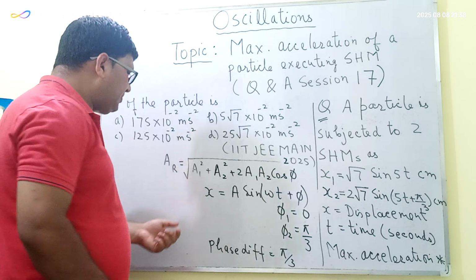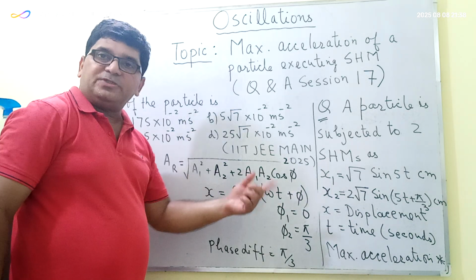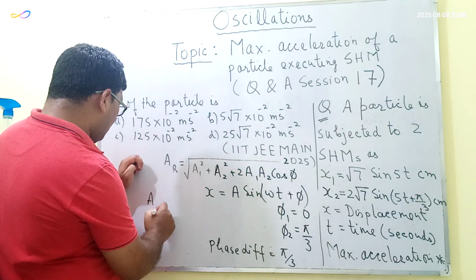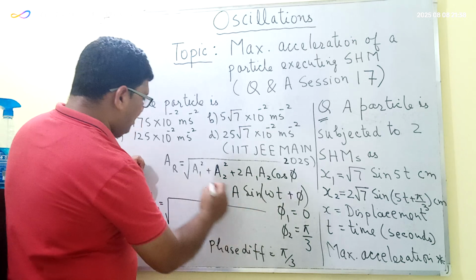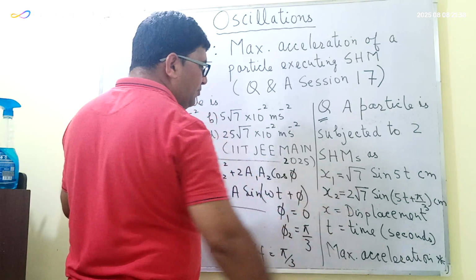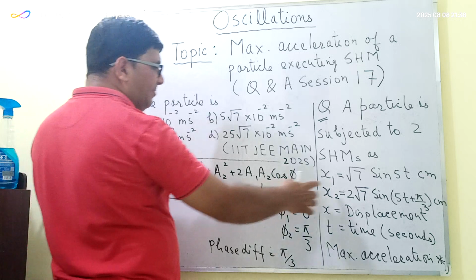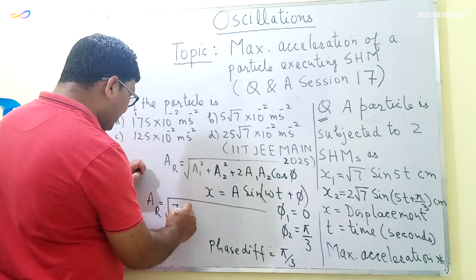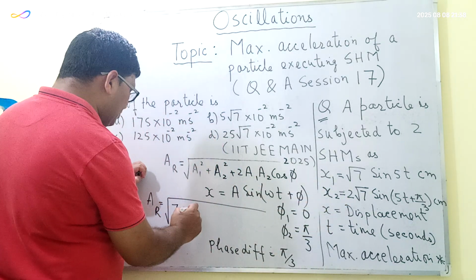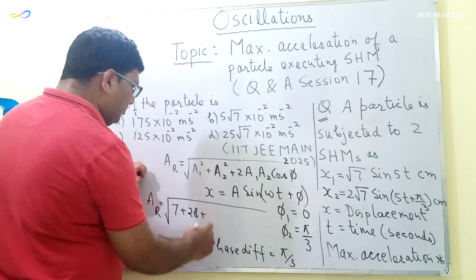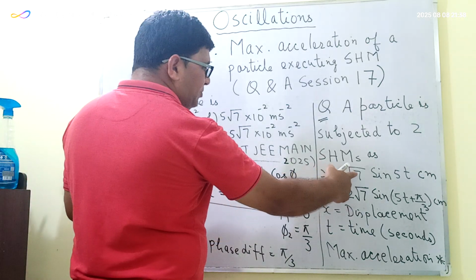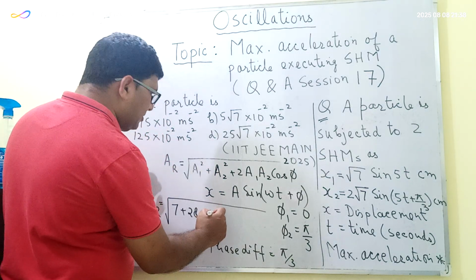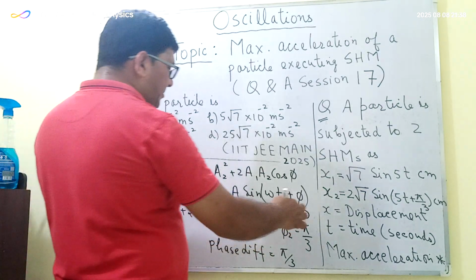So the resultant amplitude of the resultant simple harmonic motion will be equal to the square root of A1 square plus A2 square plus 2 A1 A2 cos phi. A1 is the amplitude of the first simple harmonic motion and A2 is the amplitude of the second. So this is equal to root 7 whole square, that is 7, plus 2 root 7 whole square, this is equal to 4 into 7, 28, plus 2 into root 7 into 2 root 7, so this is equal to 4 into 7, that is 28, multiplied by cos phi.